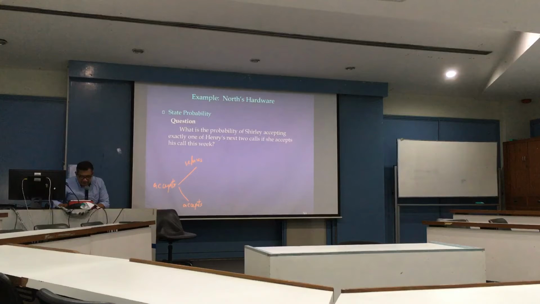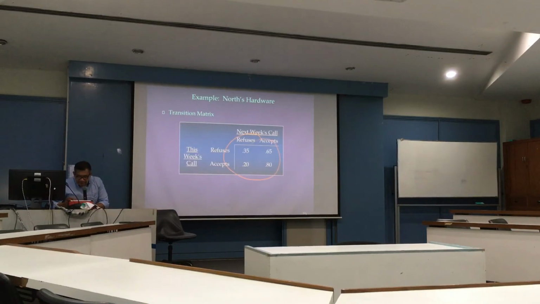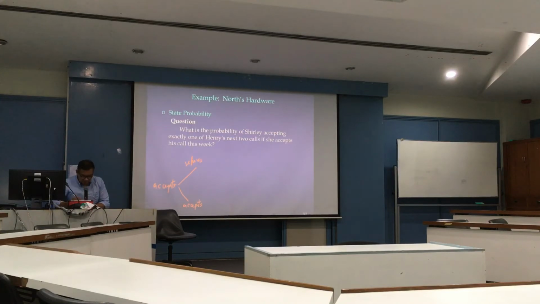The probability from accept to refuse is 20% and to accept is 80%. Next from this, we have refuse and accept.